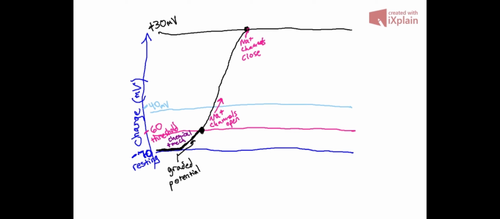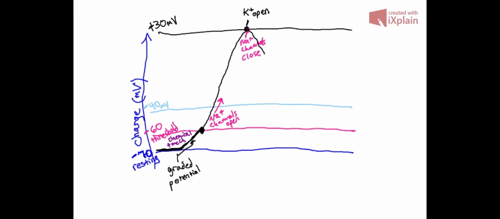Now, also, when the sodium channels close, something else happens when the switch is flipped. The sodium channels close, but the potassium channels open. And so the potassium rushes out of the cell. Now, since potassium is positive and the positive potassium ions are leaving the cell, it makes the charge of the cell membrane go back into the negative.